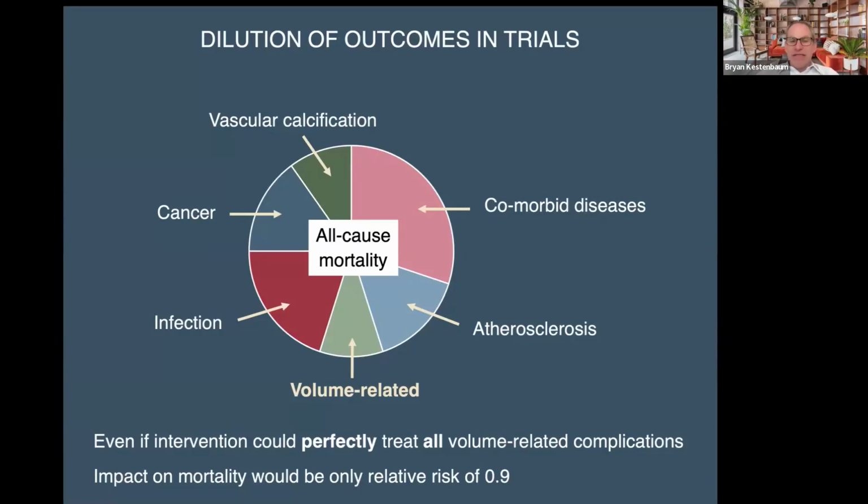You would need thousands and thousands of patients to be able to detect that small of a relative risk. And so you're really stuck. You're not going to be able to detect a difference in something like all-cause mortality in a study of a few hundred people when your intervention's targeting only one small slice of what contributes to all-cause mortality in dialysis.